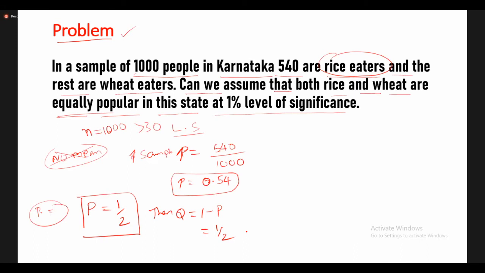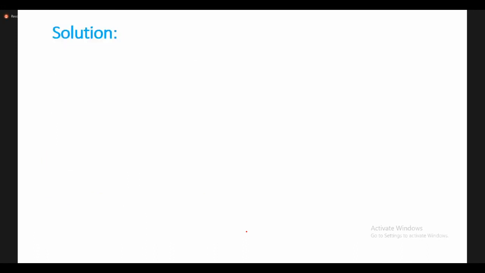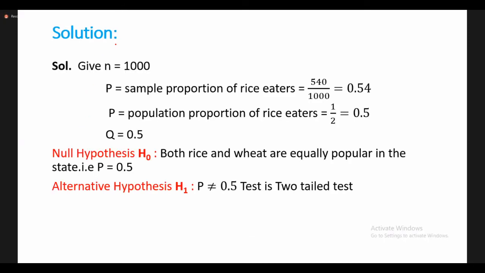Now I hope all of you understood the identification. We'll start the solution part. First I wrote the given data. Given n equals sample size 1,000.